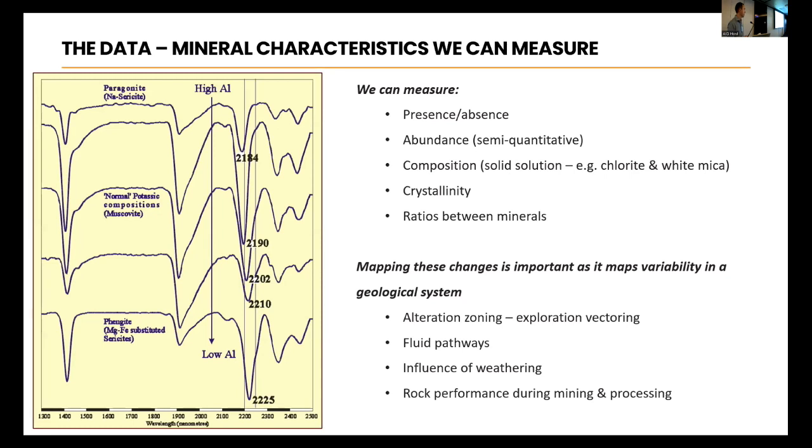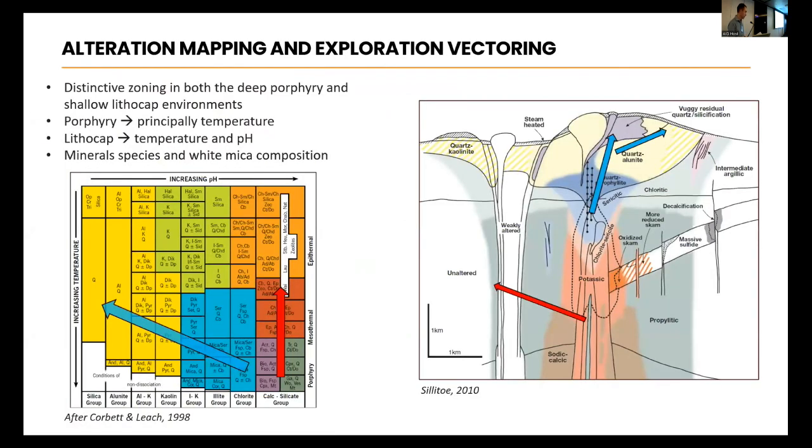That could be related to alteration zoning, which we can use for vectoring, could be related to fluid pathways, and gives us information about weathering intensity and weathering depth. Mineralogy often has a very strong relationship with rock performance in the mining and processing environment. So mining could be slope stability, could be how the rock blasts. Making mineralogical models can help us map out some of these changes.